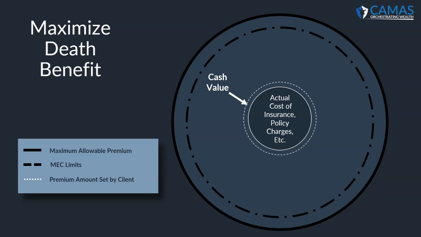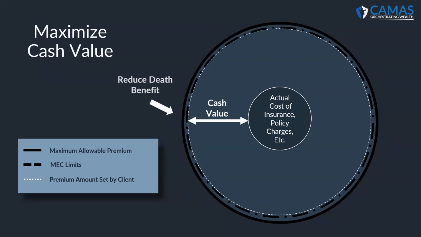Well, if we're maximizing the death benefit, we also want to look at, are we trying to get guaranteed death benefit or just working off the non-guaranteed assumptions? But there again, if we want to maximize the death benefit, we get enough premium in there, very little cash value, but make sure the policy performs the way that we want.